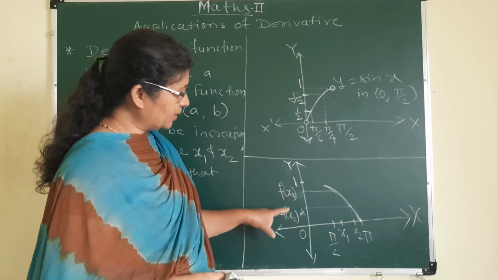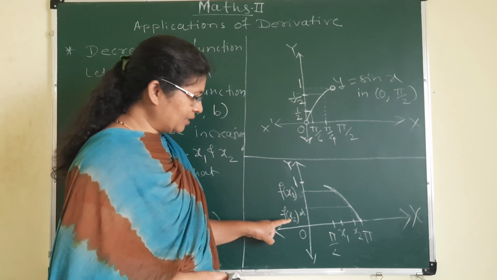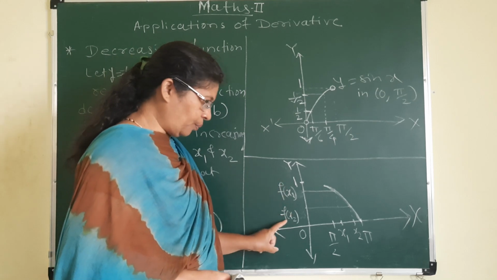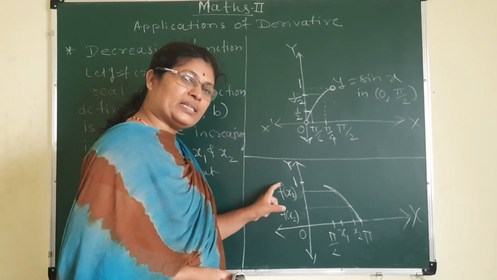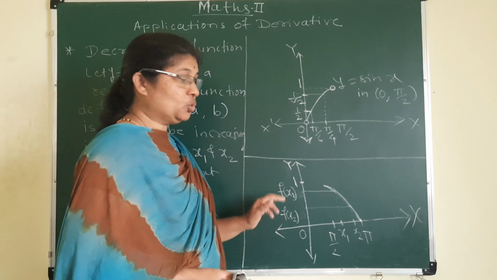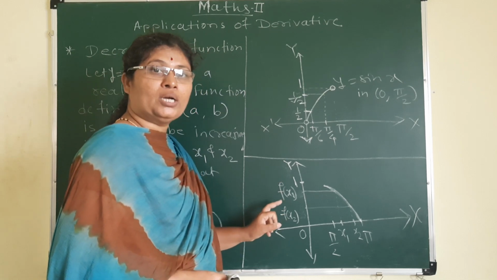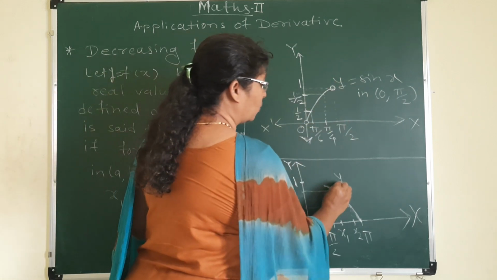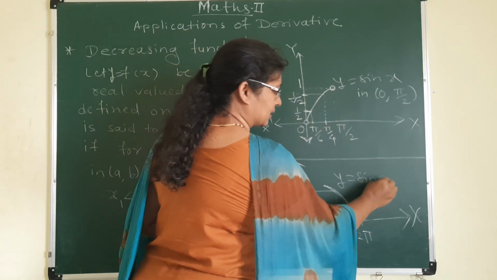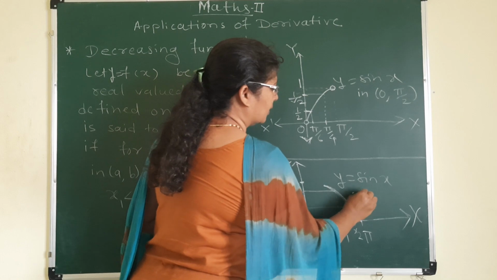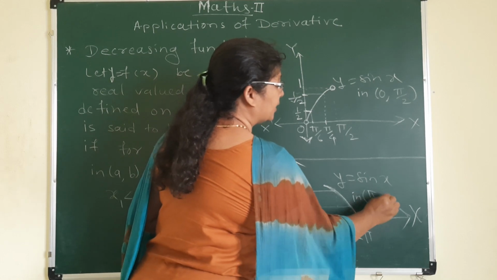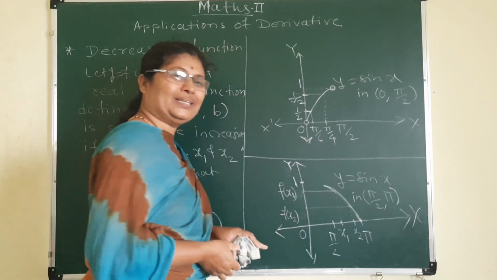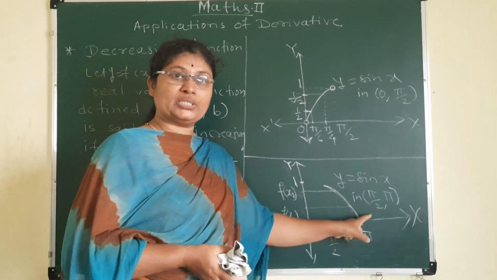Now can you observe that the value of f of x2 is below the value of f of x1, meaning f of x2 is less than f of x1. Such a function is called a decreasing function, meaning the same function y is equal to sin x in the interval pi by 2 to pi is a decreasing function in this interval.